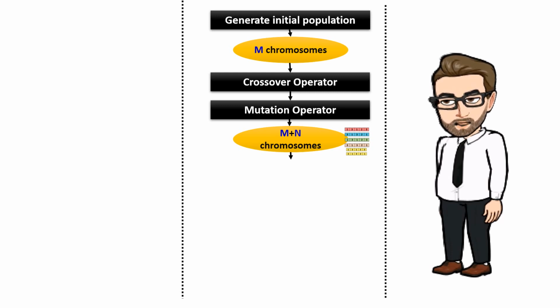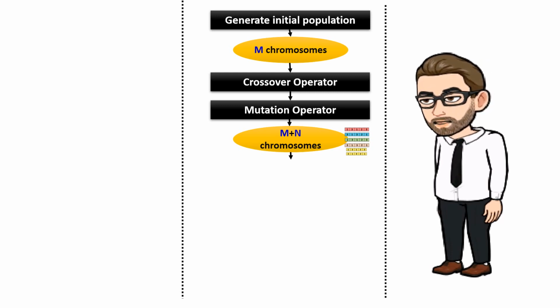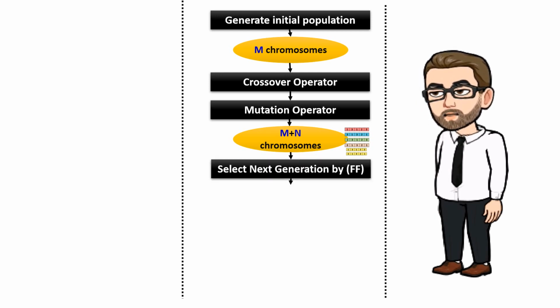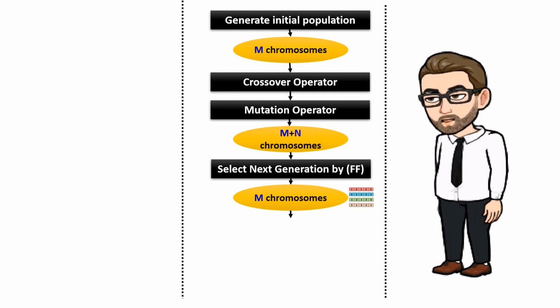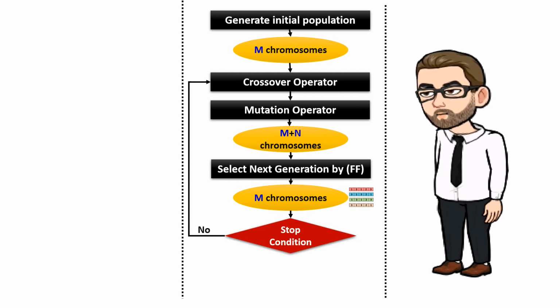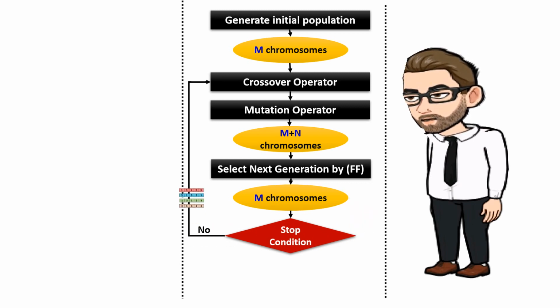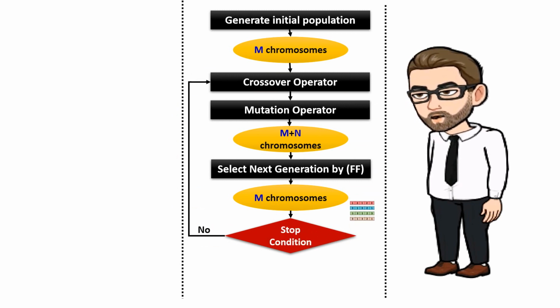In order to keep the size of the population fixed in all iterations, we need to apply a selection mechanism. The selection operator will reduce the population size to m number of solutions using the fitness function. The selected solutions will be used in the next iteration. The loop will move the solutions from one generation to another generation.